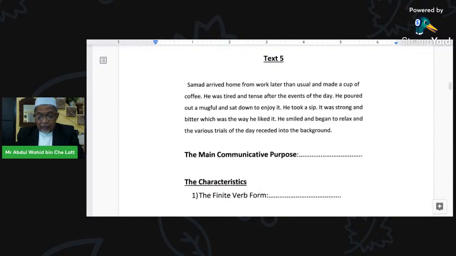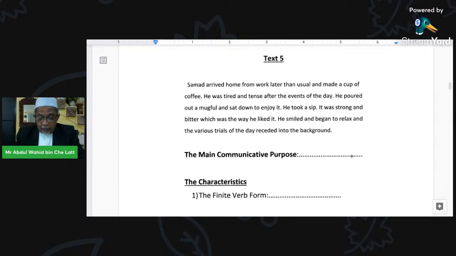This is characterized by the finite verbs arrived and made in line 1, poured in line 2, sat and took in line 3, smiled and began in line 4. The main communicative purpose is a narration.